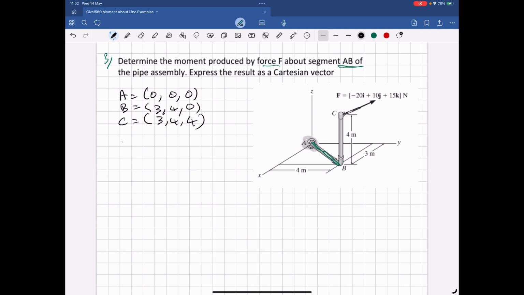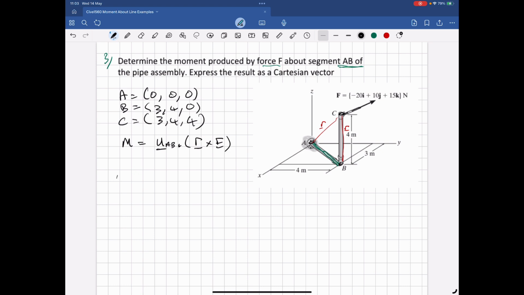We're going to be calculating M is equal to unit vector in the line AB dotted with a position vector. Now we can look at this. The force is up here, we're going to have B or we're going to have A as points. So we can have a position vector which is BC or AC. That will be R. In fact, I'll just put on there, this could be R or this could be R, crossed with the force vector.